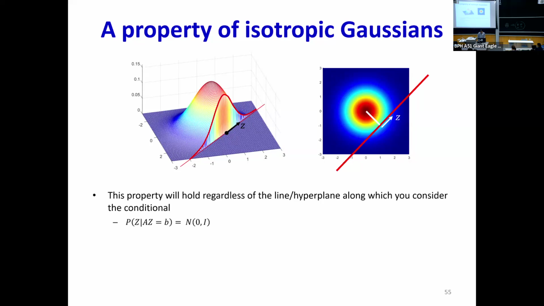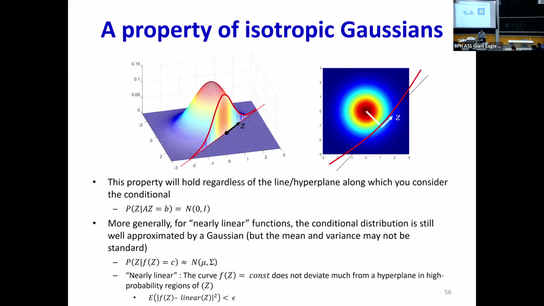And a plane, of course, is given by AZ equals B. That's the equation of a plane, right? If I slice it, on that plane the distribution is going to be standard Gaussian. More generally, instead of slicing at a plane, if I slice along a very gently curved sheet, a curved manifold, meaning for any nearly linear functions, the conditional distribution on that curve is still going to be more or less Gaussian.